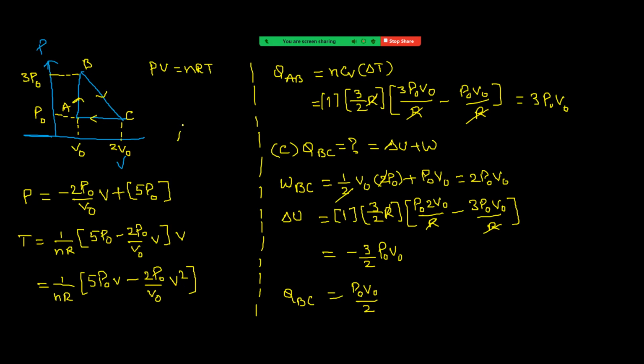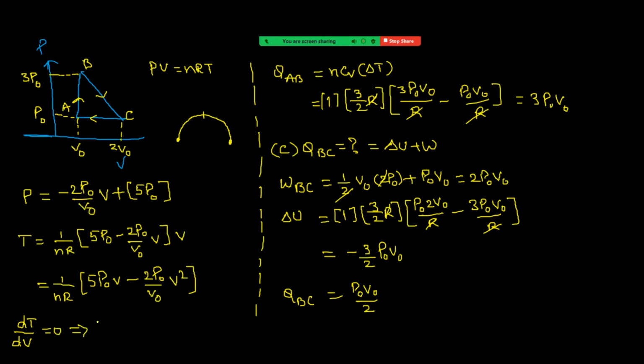That means the shape comes like this. So temperature first increases, becomes maximum, then it will decrease. See, we got the condition that temperature at C is less than that at B, right? But in between, it is increasing, then decreasing. To know at which location T is maximum, now we have to differentiate T with respect to the variable, that is volume, and make it equal to 0.